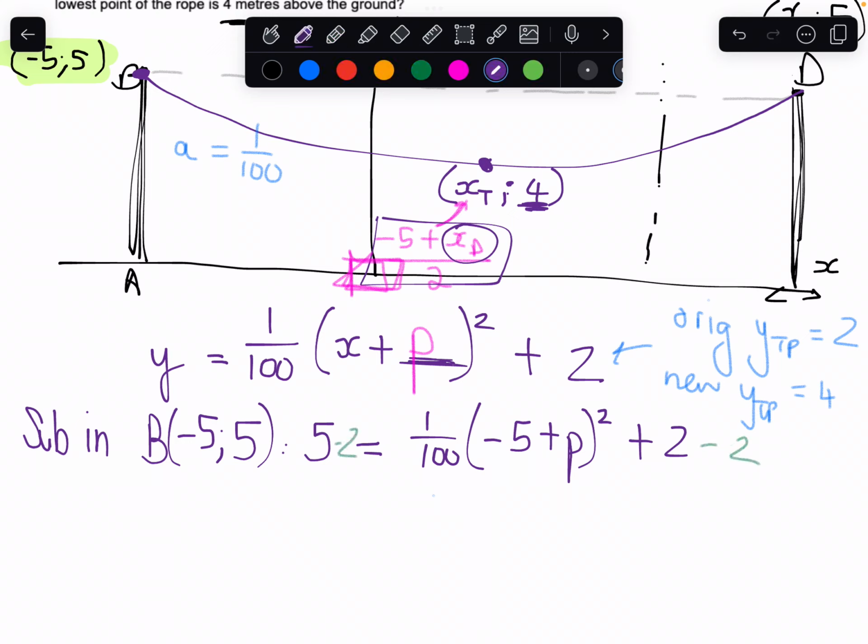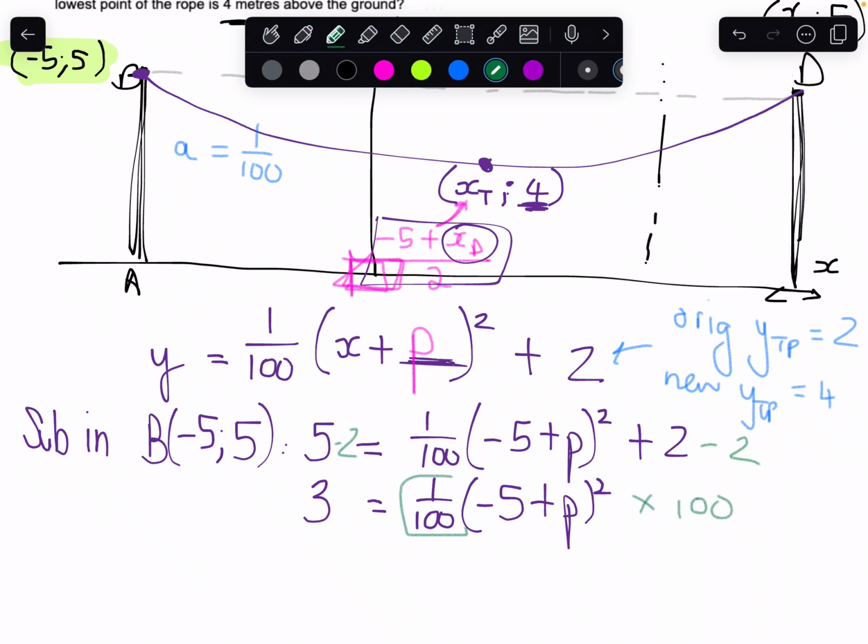So that is going to be 3 is 1/100th times that. Then we can times both sides by 100, the inverse of that. So then we've got 300 is equal to that.